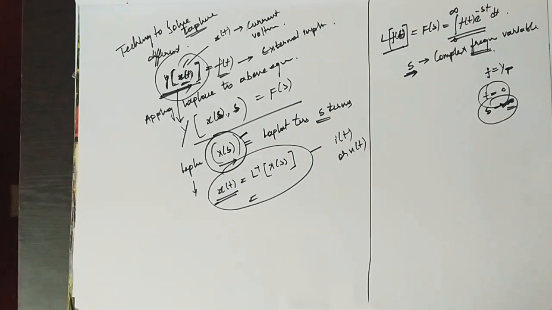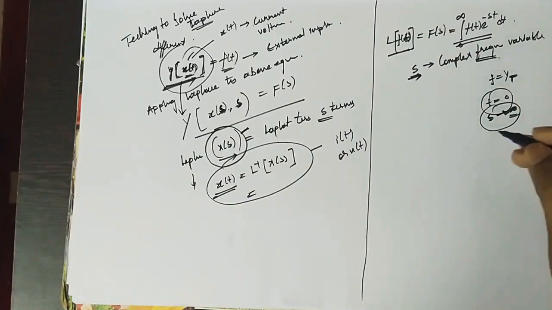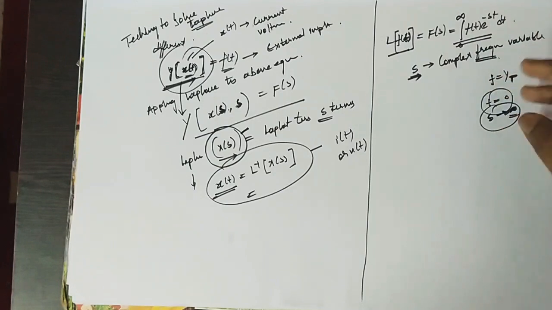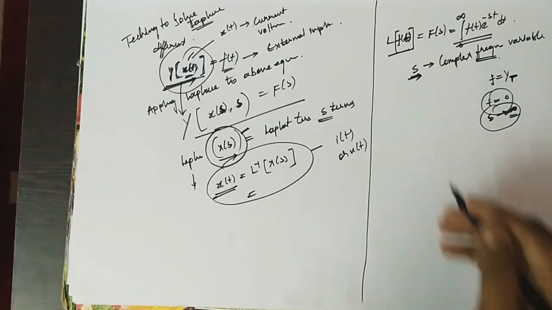For the depth of circuits you can refer to a few books. Why use the Laplace transform? We are not going to deal with that topic here. That is a very big topic which is not required, so we simply use this technique. The mathematical equations and how to convert an inductor to a Laplace form and a capacitor to a Laplace term, we'll observe here.